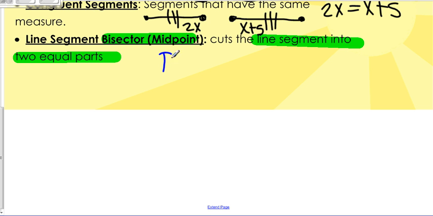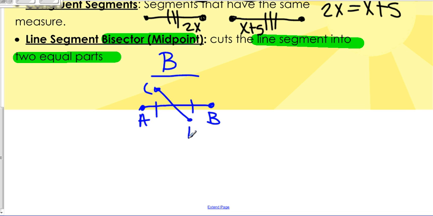So a bisector is going to be some sort of line that has cut another line into equal parts. Okay? So I would say that CD bisected AB. So the one that follows is always the one that has been cut in half.